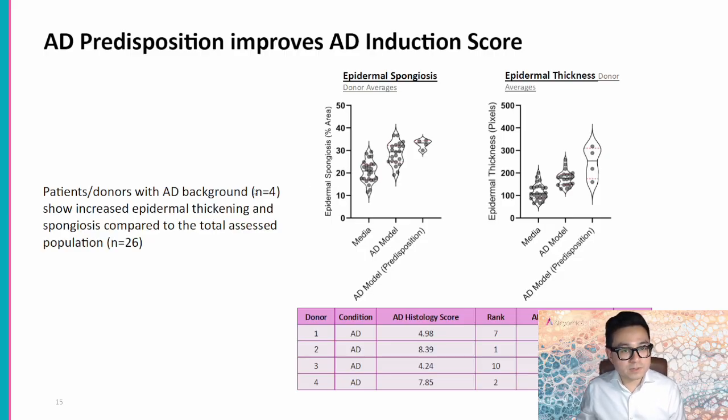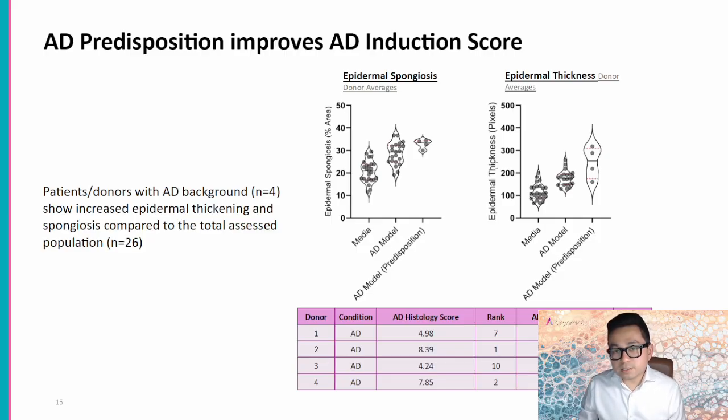In fact, here we have n equals 4 compared to the total of n equals 26. When we look at all 4 of these donors, they show elevated AD histology scores and elevated AD induction scores. Ranking them against all 26 donors, one donor has come in rank 1, one donor has come in rank 2, another one has come in rank 7, and the remaining one has come in at rank 10.